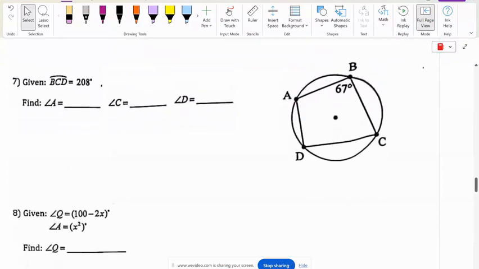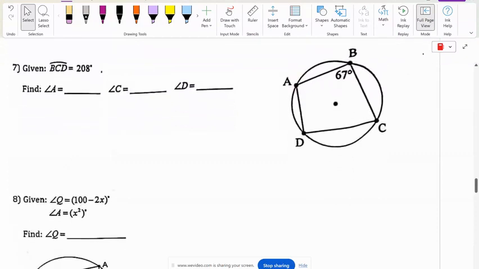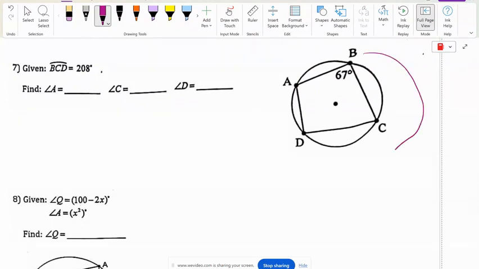All right, let's do a problem. So here I have arc BCD. They're talking about our major arc here, BCD, because they use 3 letters, is 208 degrees.